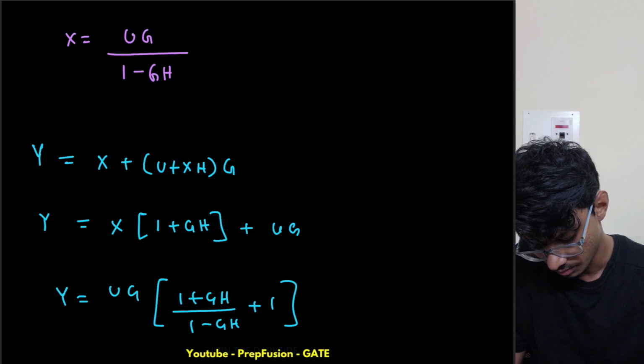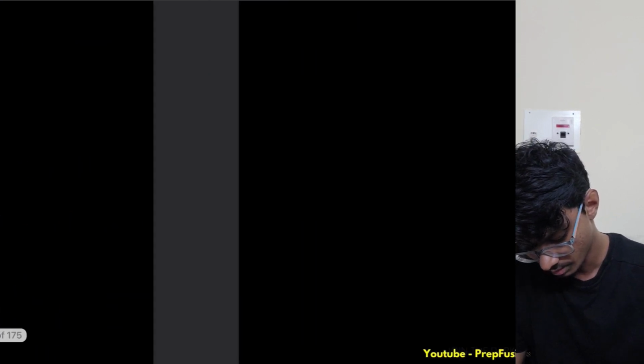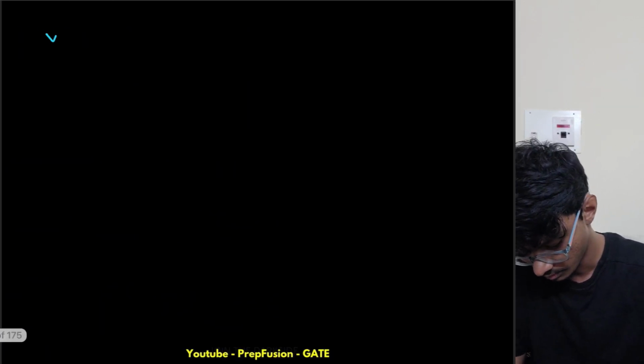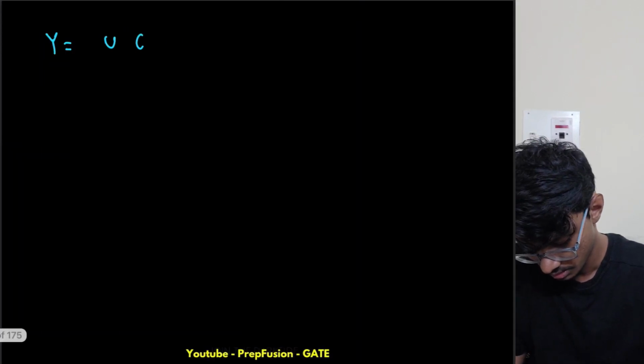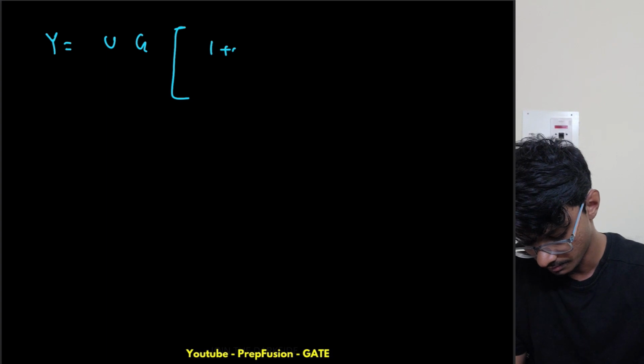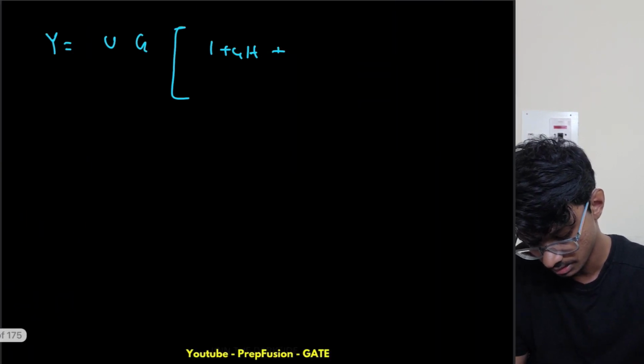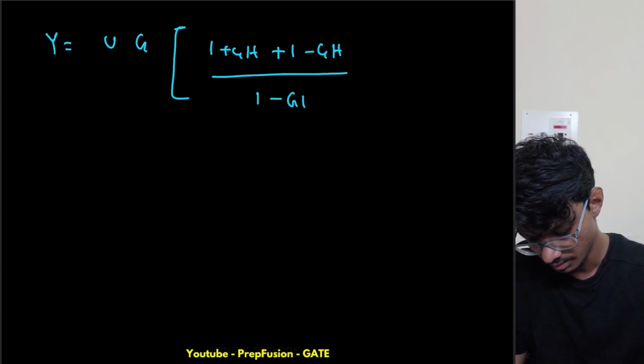So this becomes y equals u g, 1 plus gh plus 1 minus gh divided by 1 minus gh.